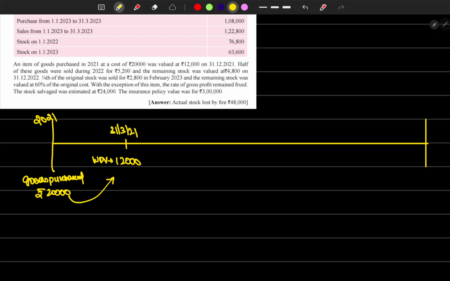Before that, we'll quickly read the question. Half of these goods were sold during 2022 for 5,200. Of 20,000, which is 10,000, right? 10,000 has been sold during the 2022 period.